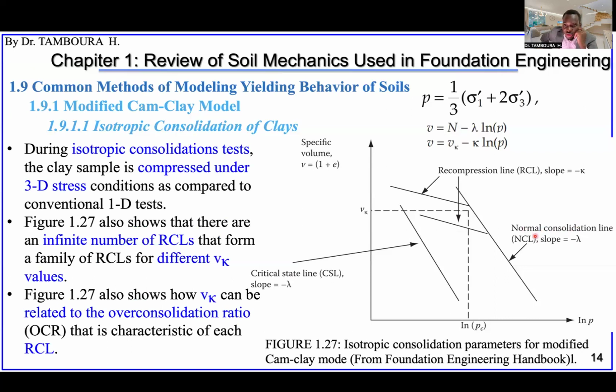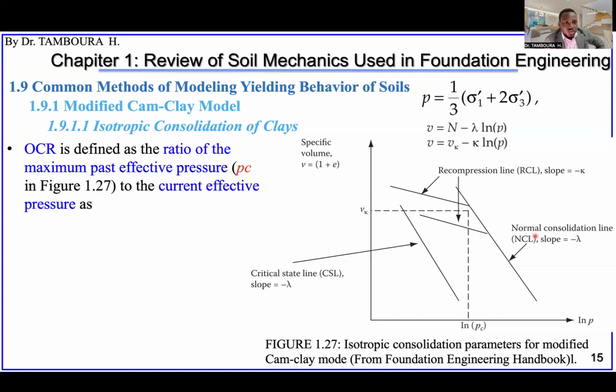So this figure also shows that the VK can be related to the over consolidation ratio. Do you remember the meaning of the over consolidation ratio? It is a ratio between two stresses: the maximum stress that the soil has already experienced and the actual stress.